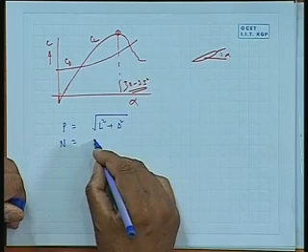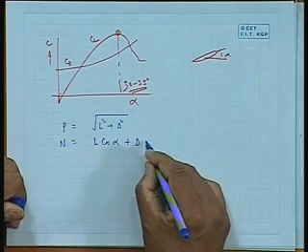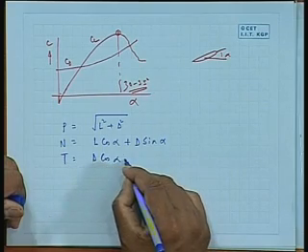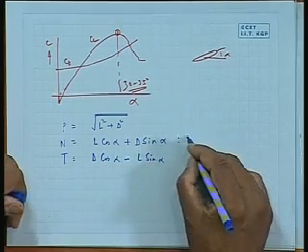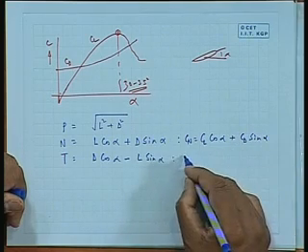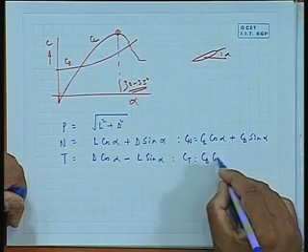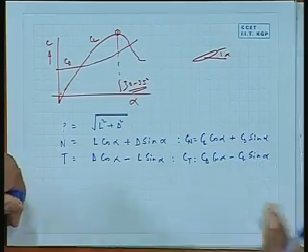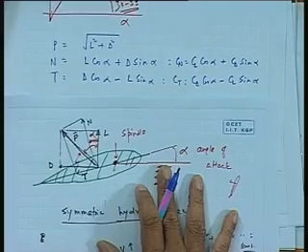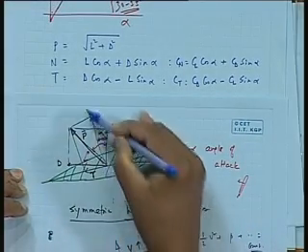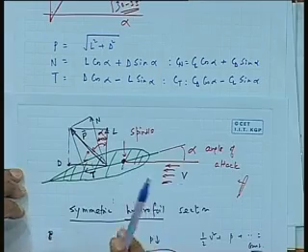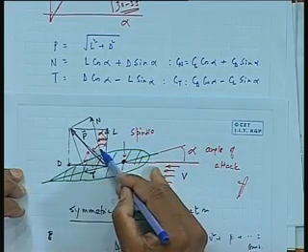N becomes, it is very simple. See, N is obviously L cos alpha, because if you look at this, N is L cos alpha plus D sin alpha, because this is my angle alpha.